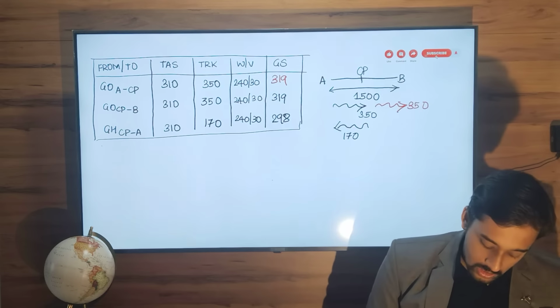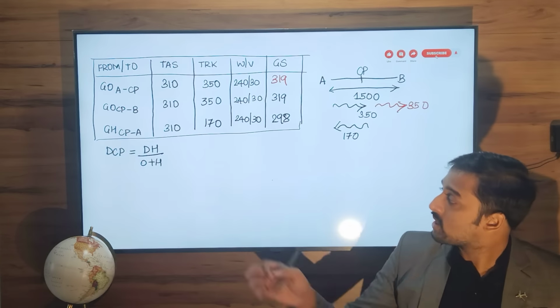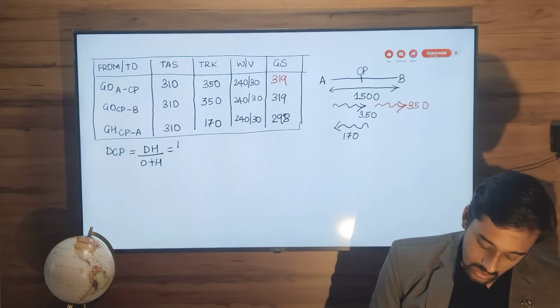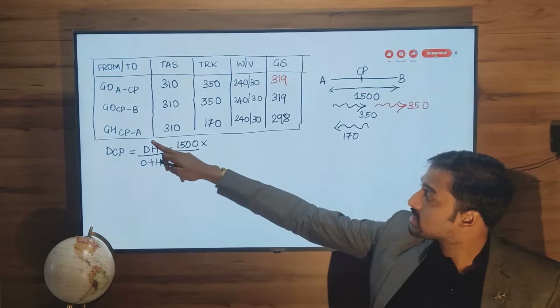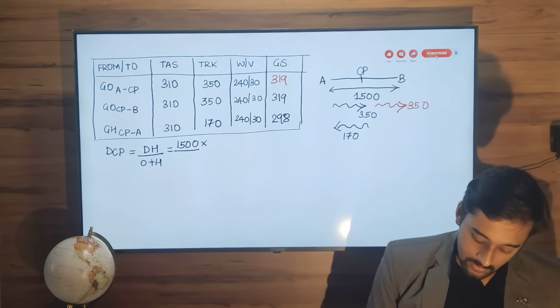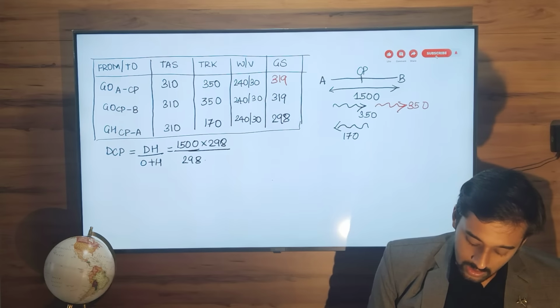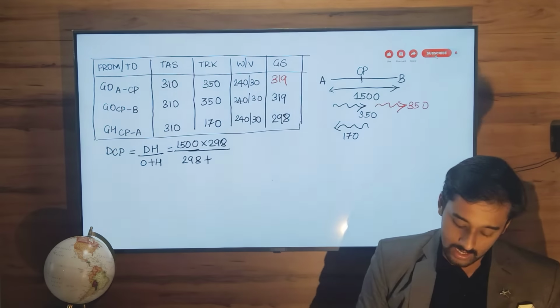Now let's go to distance to critical point, equal to D times H divided by O plus H. Total distance D is 1500 miles. H is the homebound speed, 298, and outbound ground speed from critical point to point B is 319.